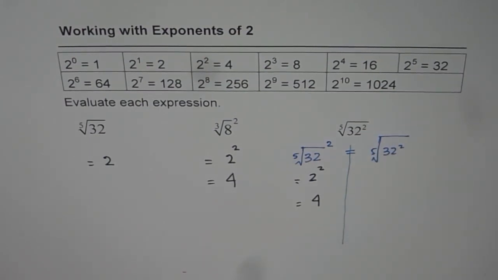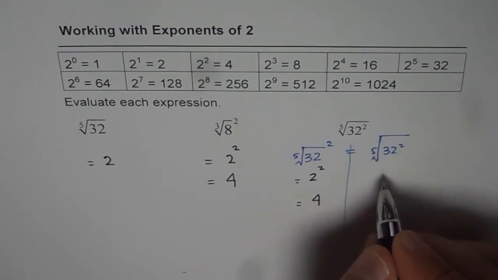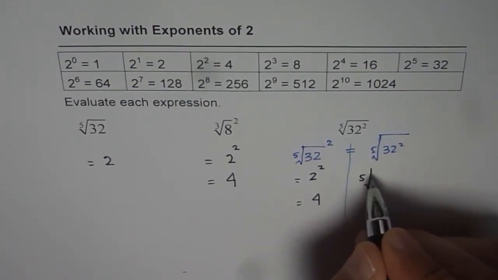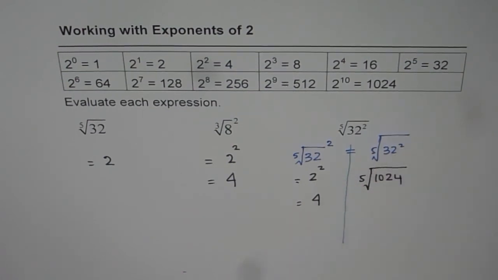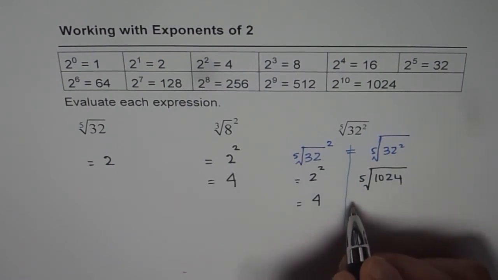So let's square 32 and see what we get. So we get 32 times 32, or 32 squared is 1024. So that is the fifth root of 1024. That is 32 squared. So if you square first, we get into bigger numbers. You definitely need a calculator.